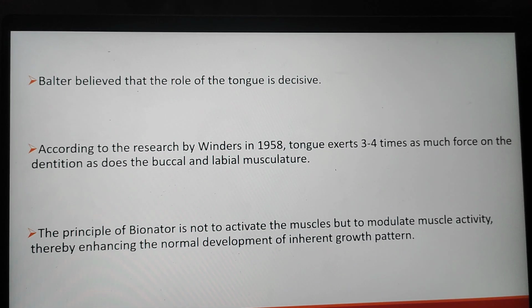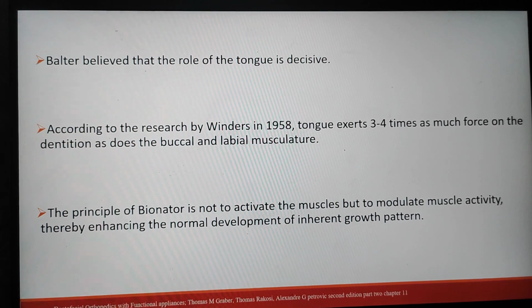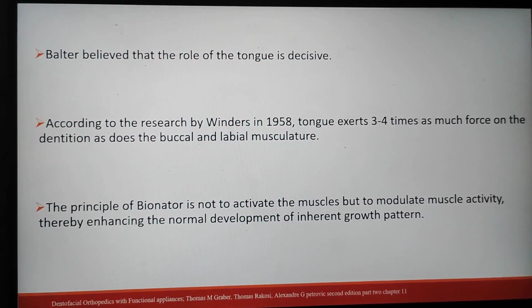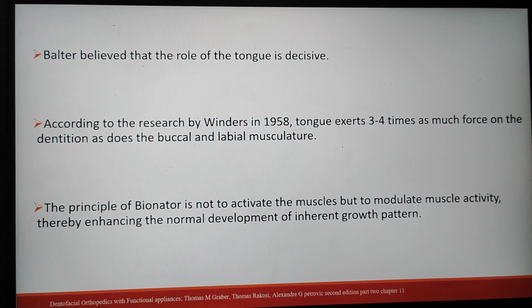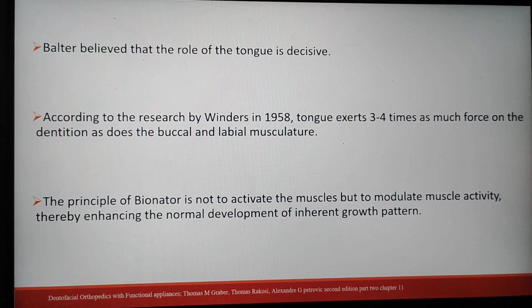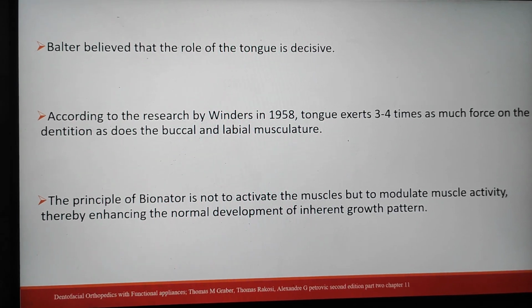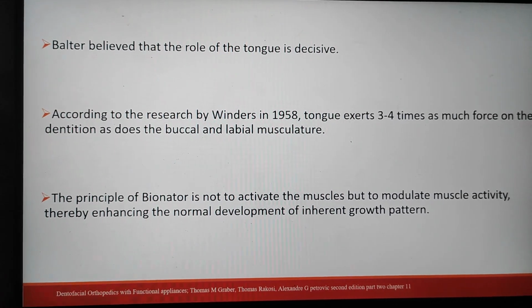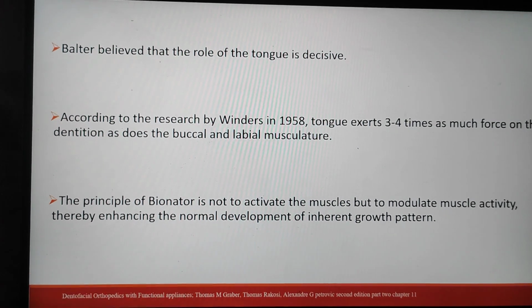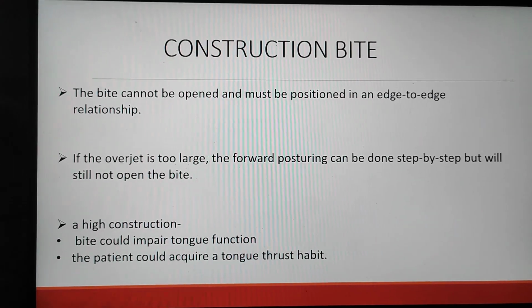Balter believed that the role of the tongue is decisive. According to research done by Winders in 1958, the tongue could exert 3 to 4 times more pressure on the dentition than the labial and the buccal musculature. The principle of the bionator is not to activate the muscle, but to modulate the muscle activity, thereby enhancing the normal development of the inherent growth pattern.